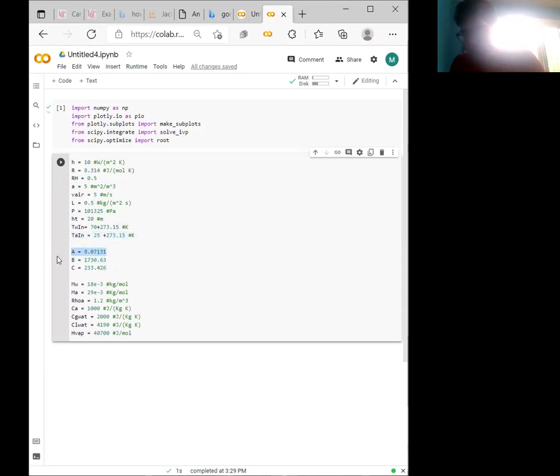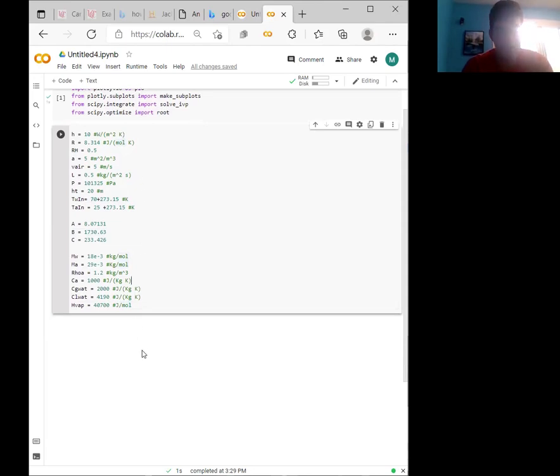These are three constants, and we use this equation momentarily in a second. I forget what the equation is called again, but these are the constants used in that equation. And then the molecular weight of water, the molecular weight of air, the density of air, the specific heat of air, the specific heat of water in the gas phase, the specific heat of water in the liquid phase, and the heat of vaporization. And these are obviously all in their respective units.